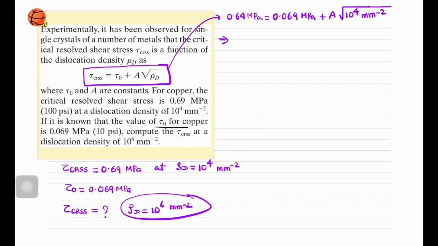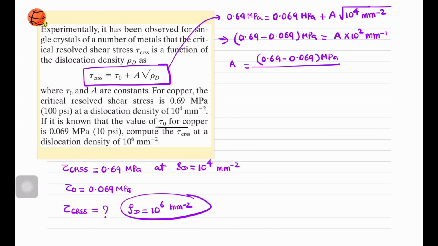Now, to find the value of A, we put these values on the left hand side. This, in megapascal, will be equal to A into 10 to the 2 mm inverse. So the value of A will be 0.69 minus 0.069 megapascal divided by 100 mm inverse.